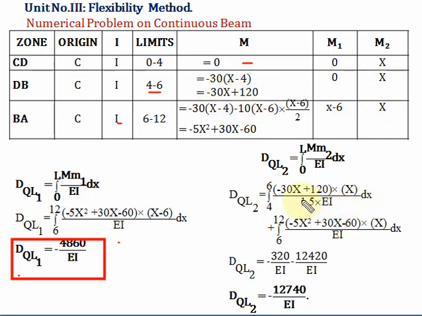Okay, and the next term for the zone BA will be integration 6 to 12. So this term multiplied by x. So if we solve this, we'll get the value of delta_k_L2 equal to minus 12740 upon EI. So directly also we can solve this integration on the calculator. Okay.